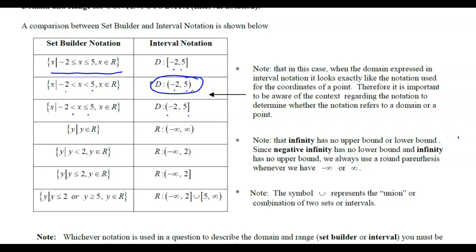So it's really important that you put either D or R, whatever it is, out front with a colon, so that we know, okay, that's the domain. It's not an ordered pair. So it looks exactly like the notation used for coordinates of a point. Therefore, it is important to be aware of the context regarding the notation, and whether the notation refers to a domain or a point.